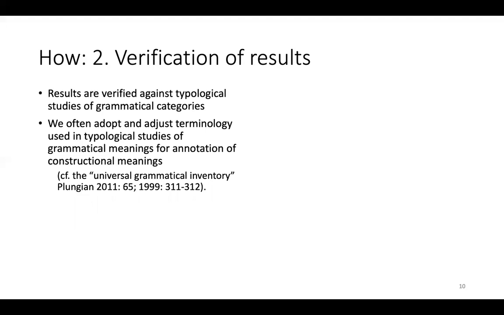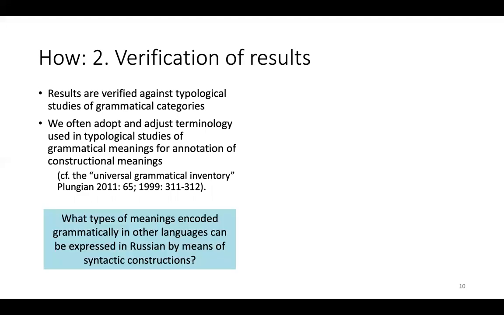We adapt and adjust this terminology for annotation of constructional meanings. So, in doing so, we try to understand which types of meanings encoded grammatically in other languages can be expressed in Russian by means of syntactic constructions.